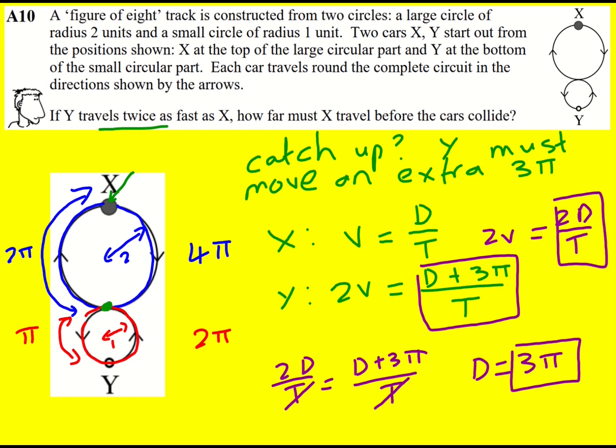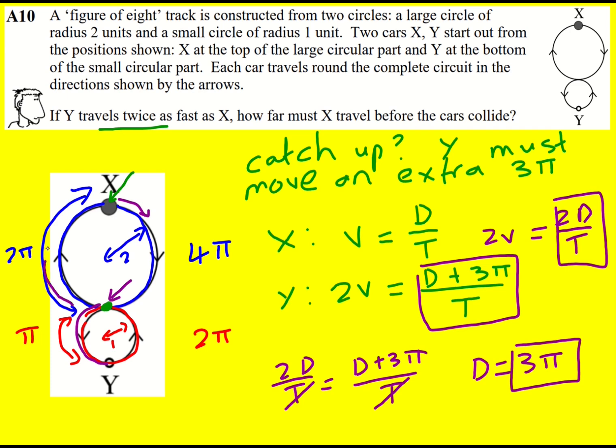The only thing we have to justify to ourselves is that they don't collide here. And we can do that by just considering what is going on. So y is going to move pi in the time that x only moves pi over 2. In fact, it's only going to go a small amount.